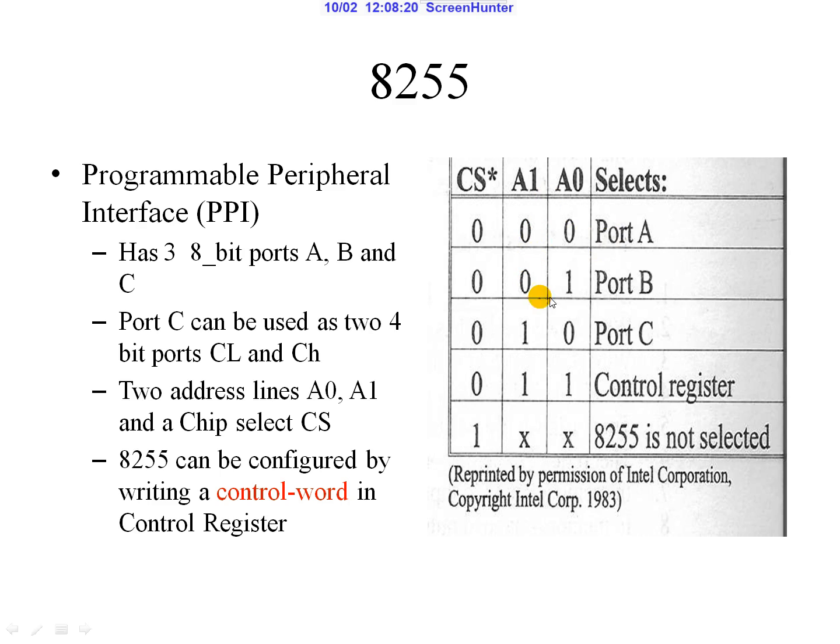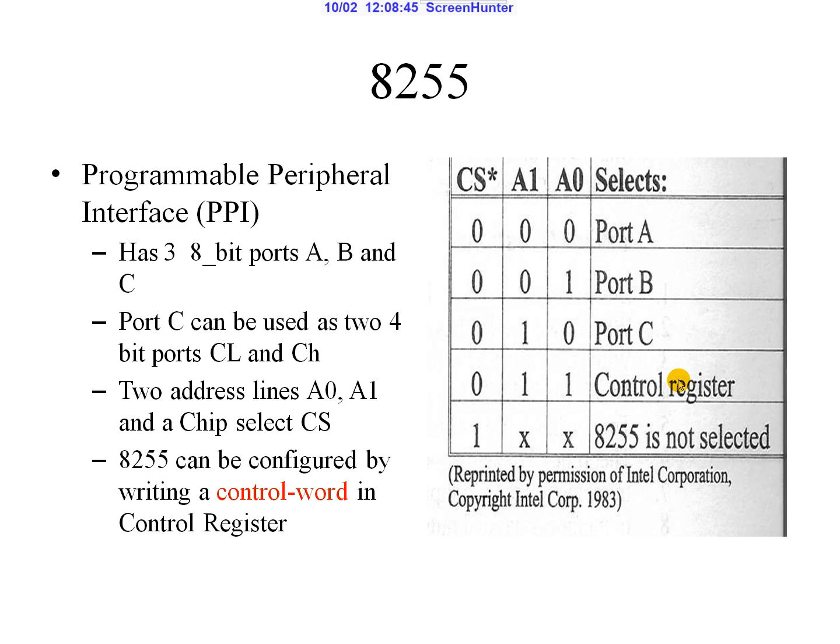For port A, A1 A0 will be 00, for port B it is 01, and for port C, A1 A0 will be 10.